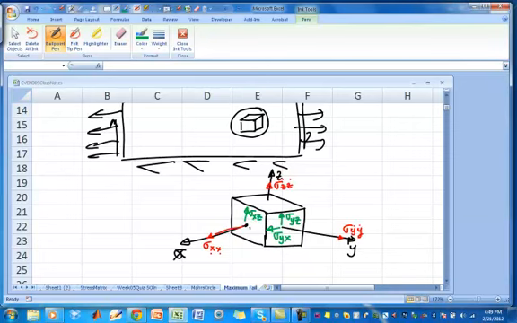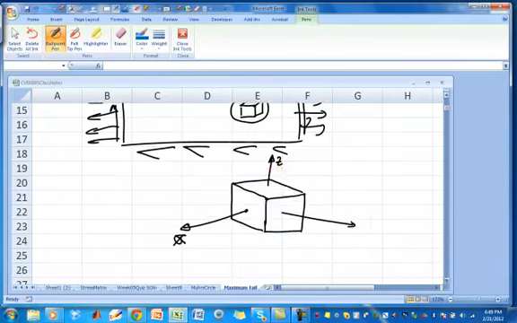Right? How about this one? Sigma x face y force. These two things are equal. Remember, torque, balance of angular momentum will make sure that those two things are equal. How about this face? If you look at this face, sigma z face x force and sigma x face z force are the same. Sigma z face y force and sigma y face z force are the same. So I need 6 numbers. What are they?